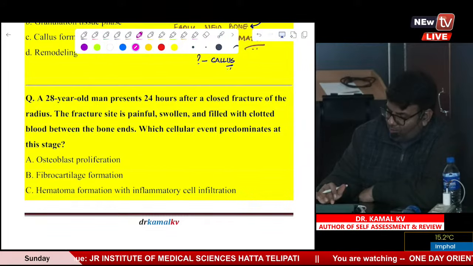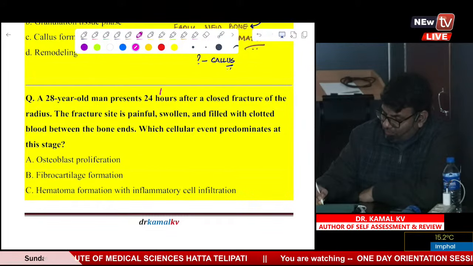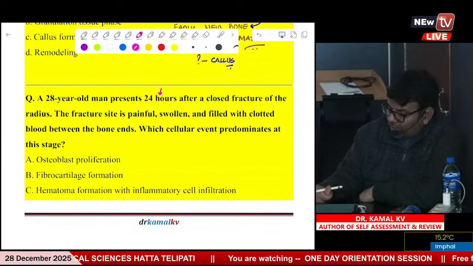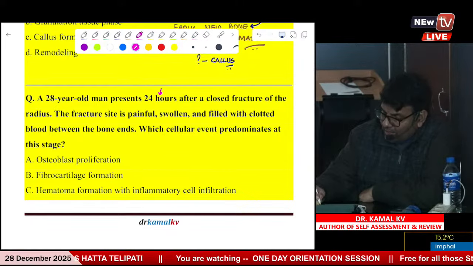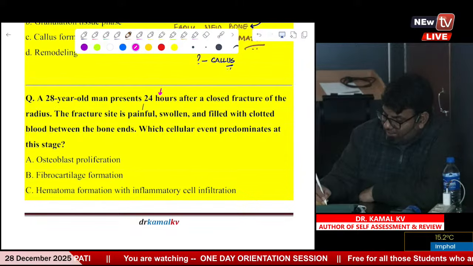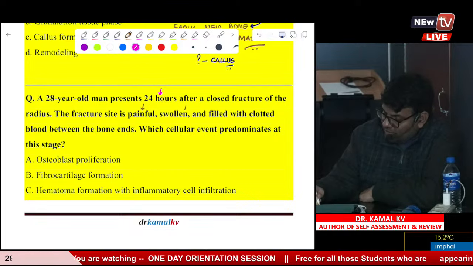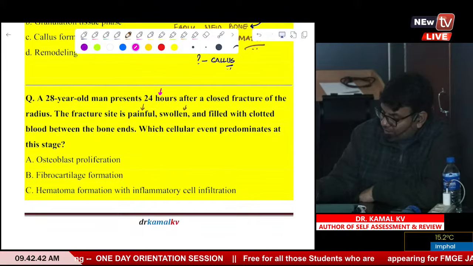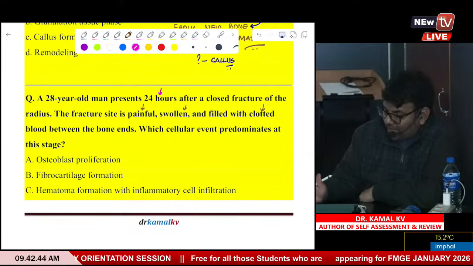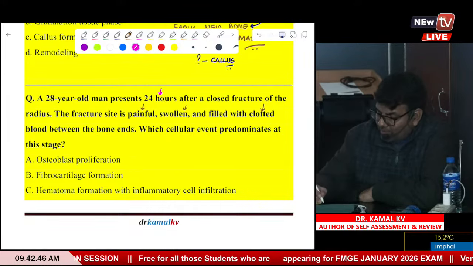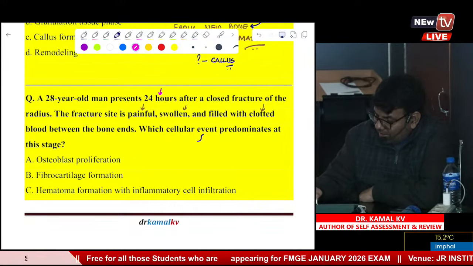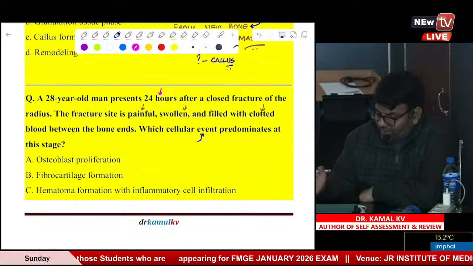A 20-year-old man presents 24 hours after a closed fracture of the radius. The fracture site is painful, swollen, and filled with clotted blood between the bone ends. Which cellular event predominates at this stage?